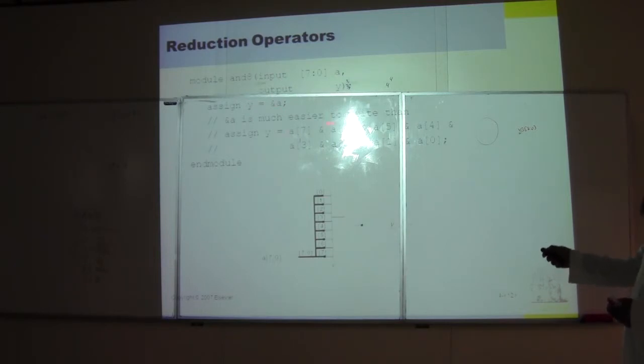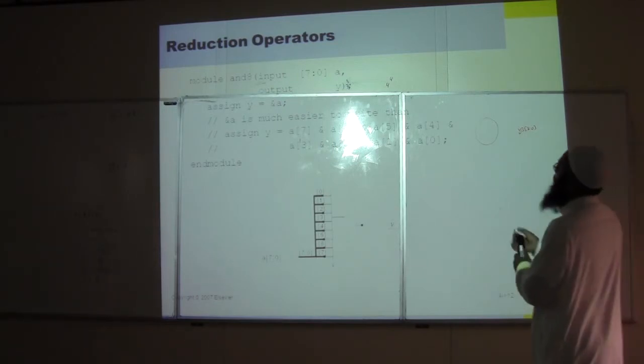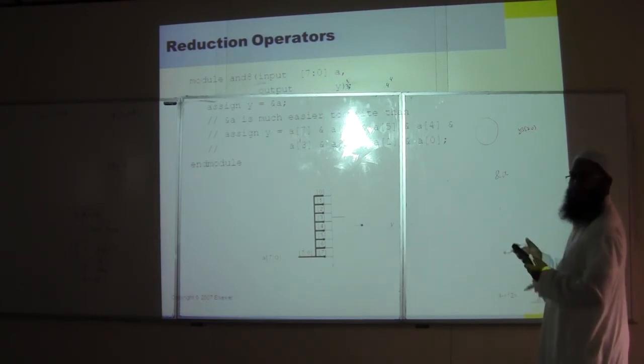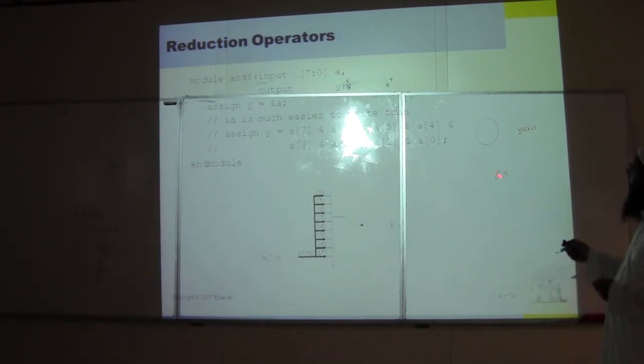Okay. There is a shortcut in Verilog where this big line you replace with this small expression. This big line and this part are the same. They will do the same thing. You understand? So you put the AND before it, not after. Before it.